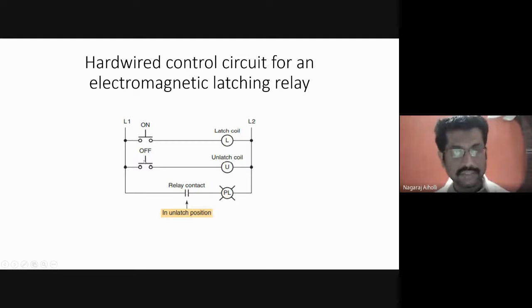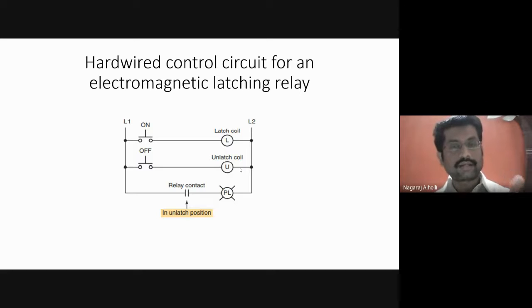Next switch, this off switch. When we energize this off switch, then the unlatch coil will be energized. When we press this off switch, the unlatch coil will be energized. The meaning of unlatch means to make the bit 0, to de-energize.